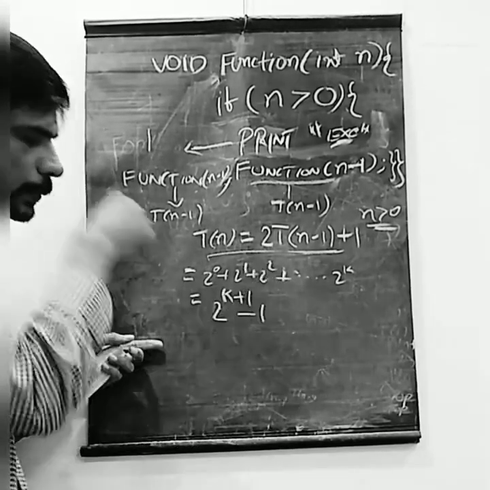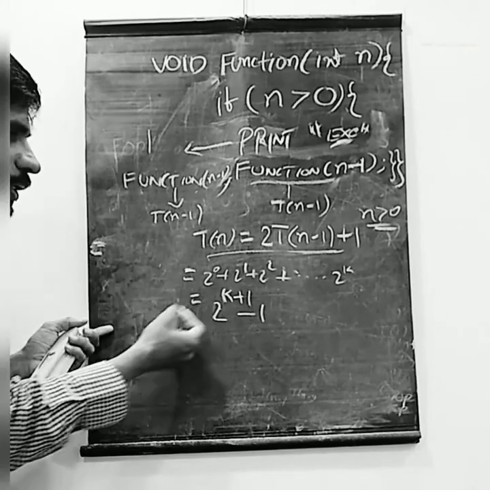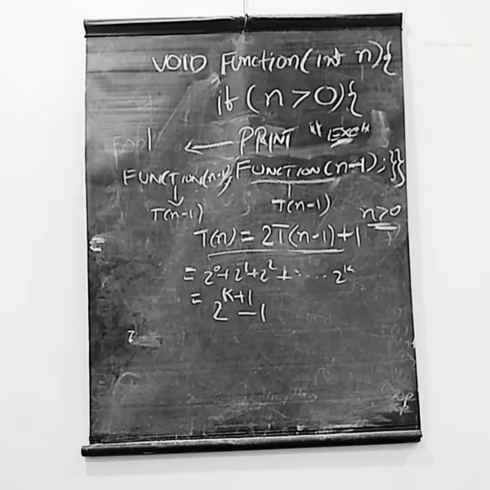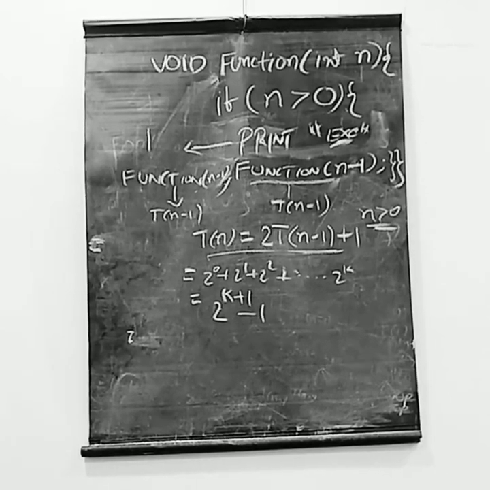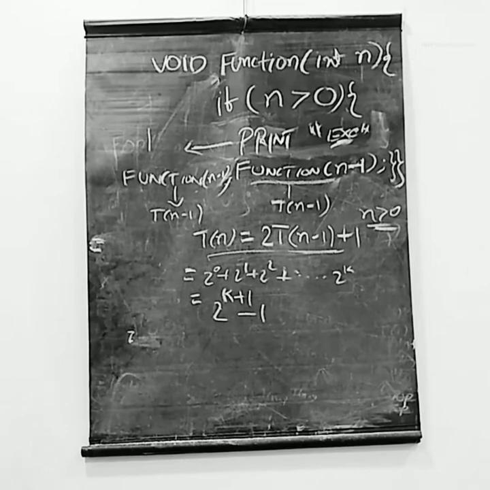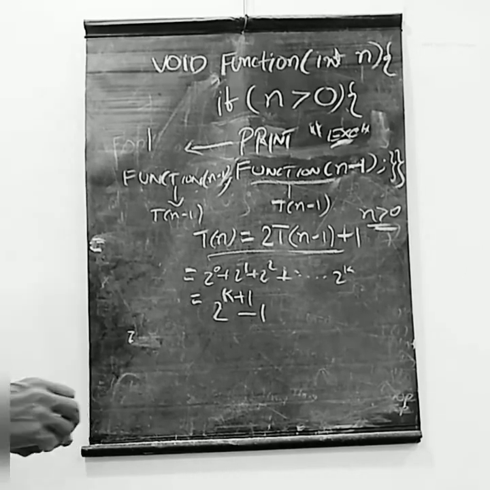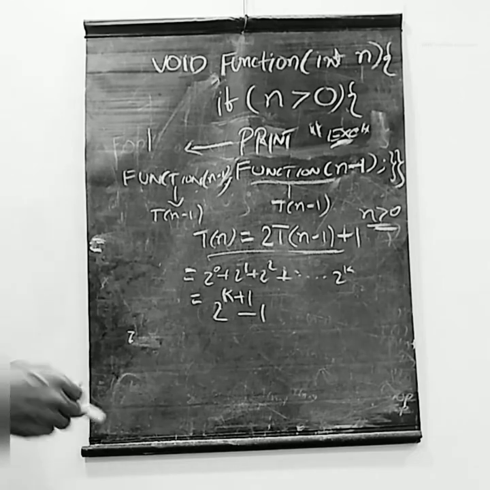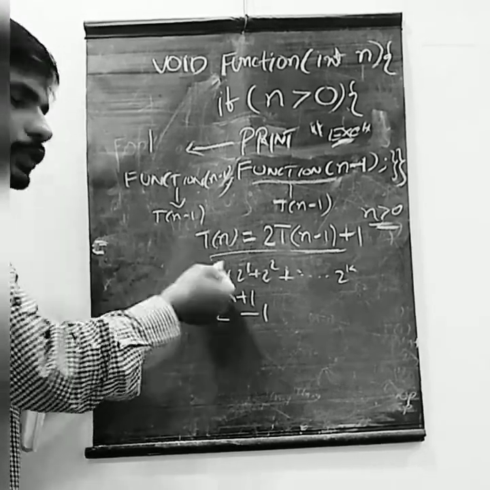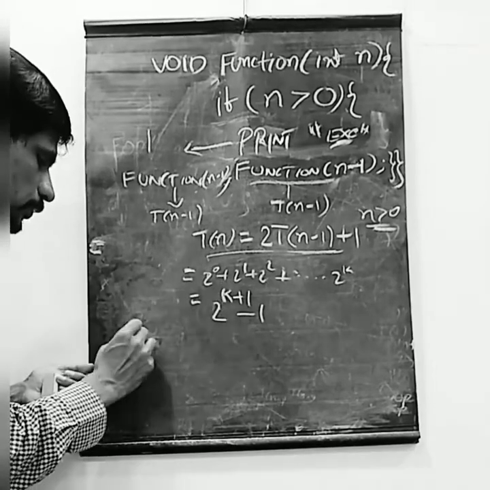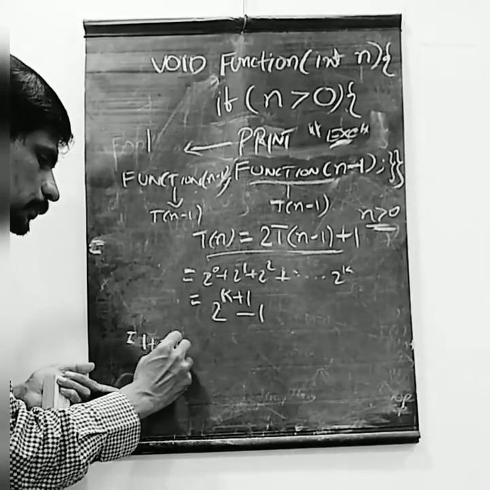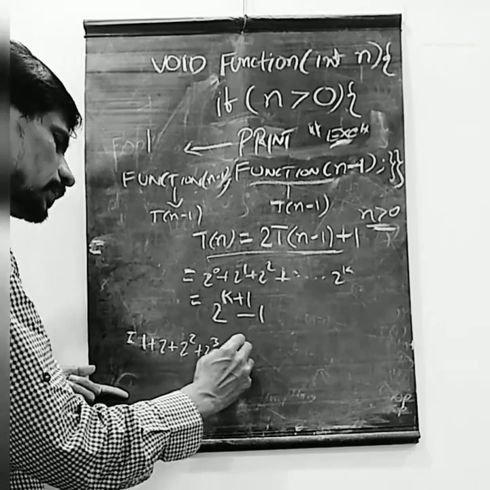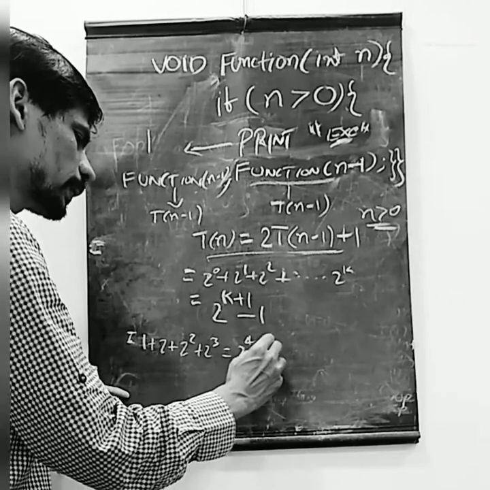You can do it yourselves also. For example, 2 power 0 means what? 1, right? So 1 plus 2 plus 2 power 2 plus 2 power 3 equals 2 power 4 minus 1.